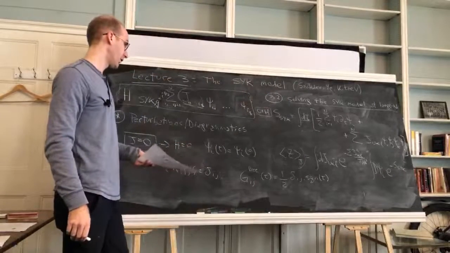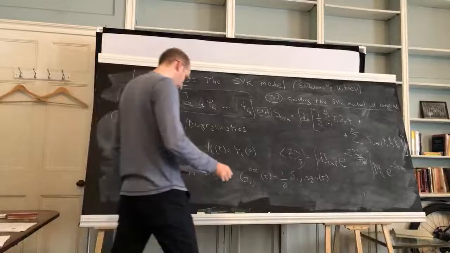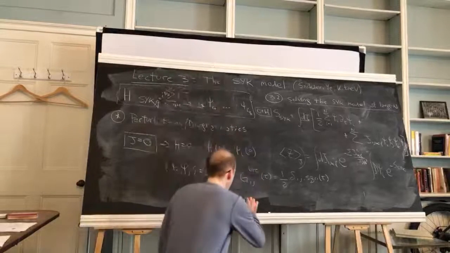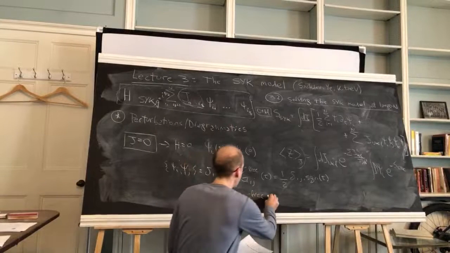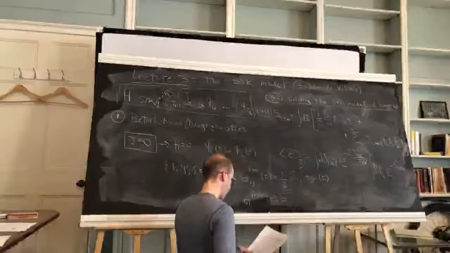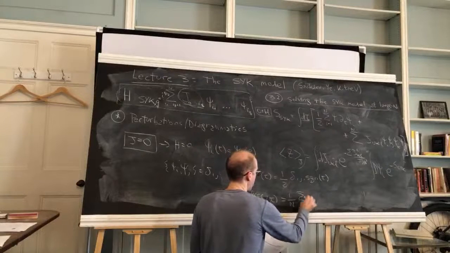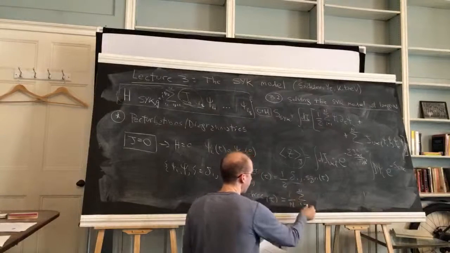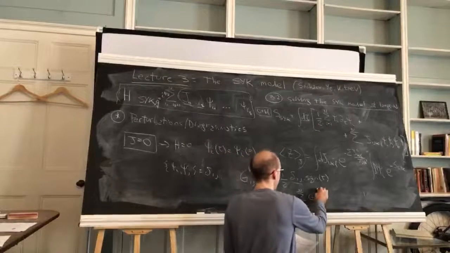And then again, we usually don't care about one single two-point function, but we like to sum over all fermions, and then you get a free two-point function as a function of tau, that is 1 over n, sum from 1 to n, because there's a delta function, you only need to sum the diagonal components.